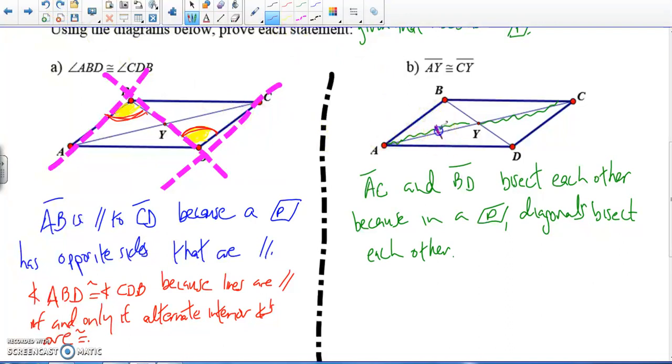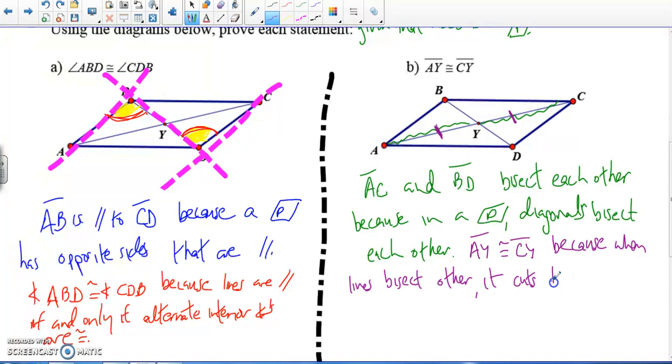But more importantly, it means that AY is congruent to CY, because when lines bisect each other, it cuts them into two congruent pieces.